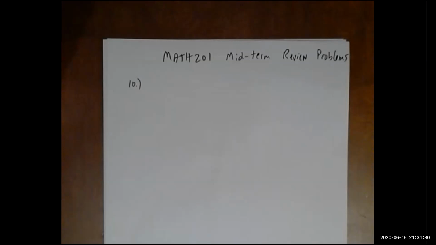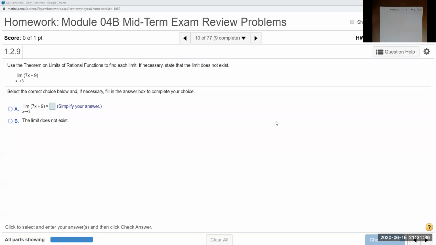and I'm going to go ahead and write a little bit. So you notice here's problem number 10. It says the limit as x approaches 3 of 7x plus 9.